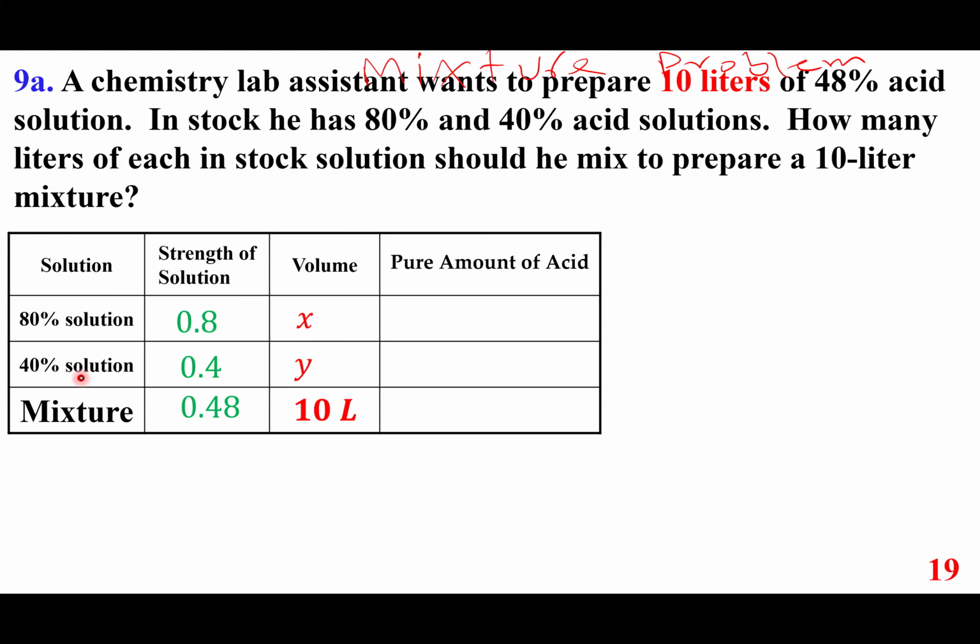Now, clearly this is one of the equations: x plus y must add up to 10 liters. That's why it's called the mixture problem. But the pure or the actual amount of, in this case, acid, would be, if it's 80% solution, only 80% of it is acid. So 0.8x, in this case 0.4y, and the result is 0.48 times 10, or 4.8.